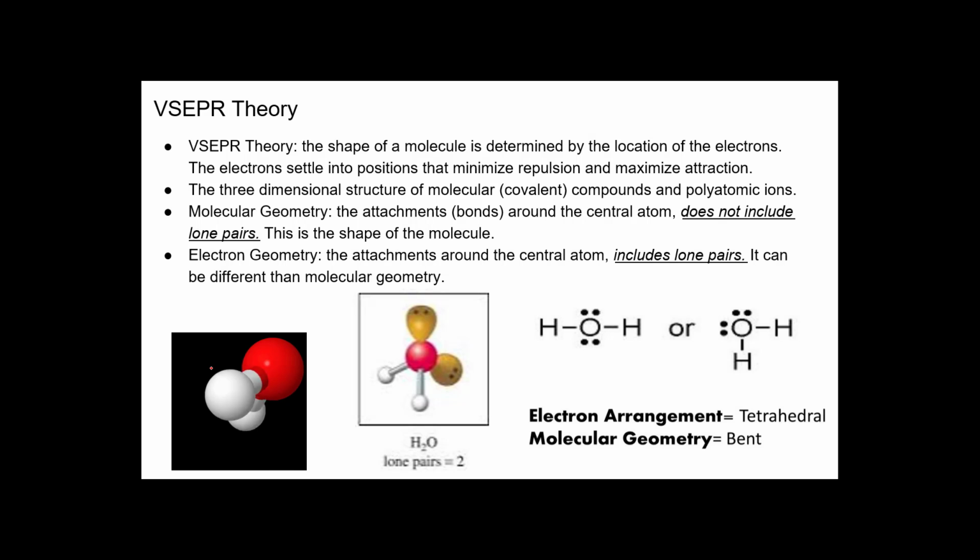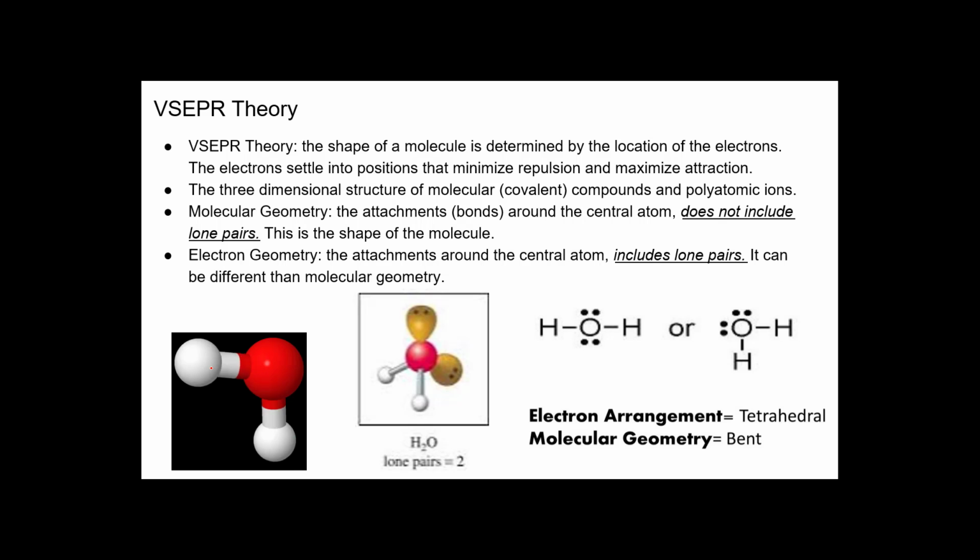There are two different types of geometry that you need to know for this lab. We have molecular geometry and we have electron geometry. Now with this, we have, excuse me, I was turning off my writing pad. Molecular geometry is normally how we define shapes of our molecules. That's the one that we look at when we define the shape.